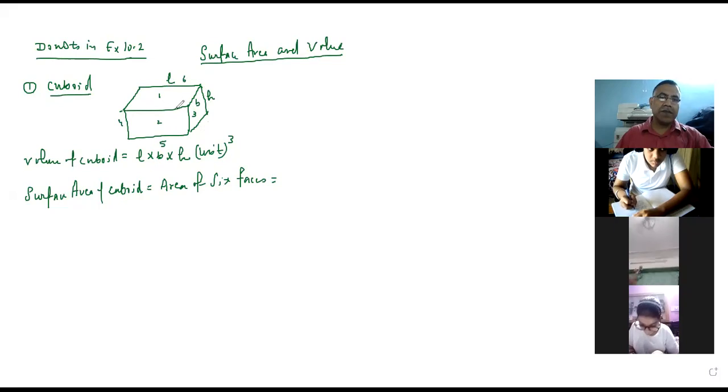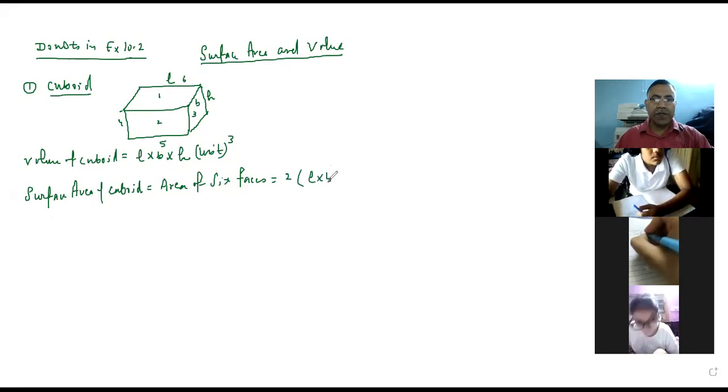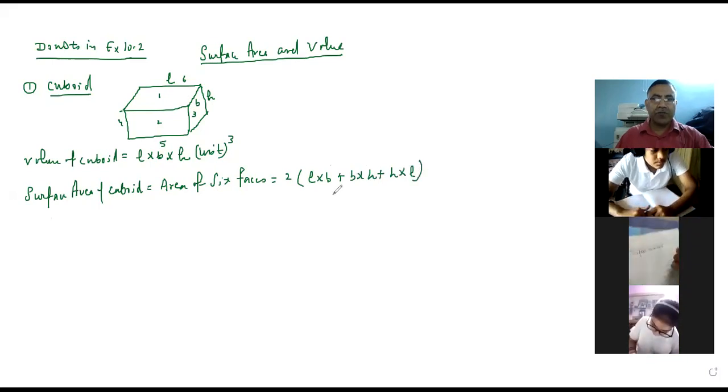So there are 6 faces. When I add the area of all those 6 faces, it gives me the total surface area. So this is equal to 2(lb + bh + hl). So this is the surface area of the cuboid.